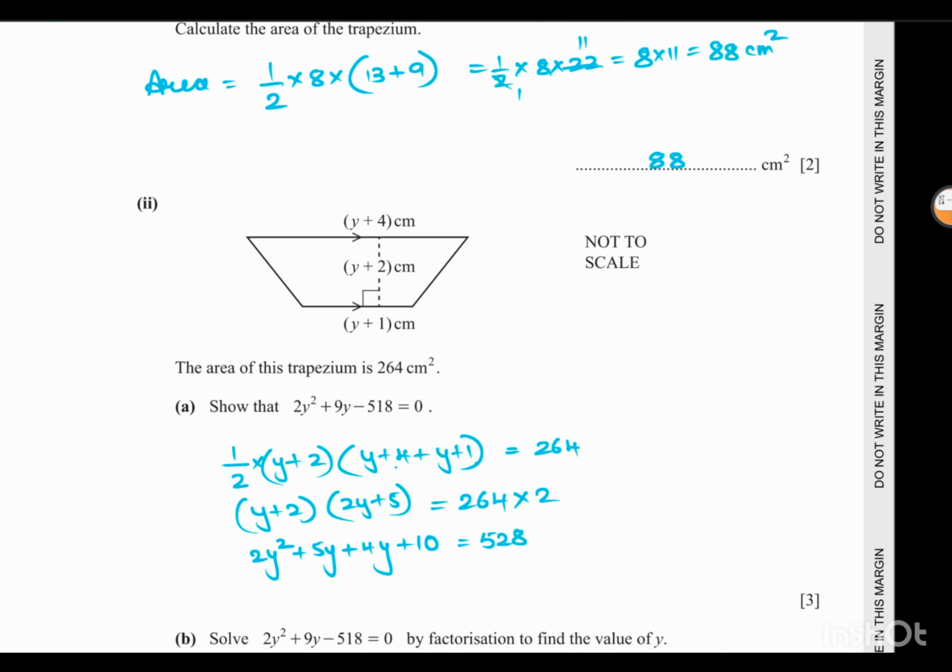Now bringing 528 onto the left hand side again and simplifying 5y plus 4y, which are like terms, I get 9y plus 10 minus 528 is equal to 0. This gives you the final answer, which is 2y square plus 9y plus 10 minus 528 is minus 518. So 2y square plus 9y minus 518 is equal to 0.